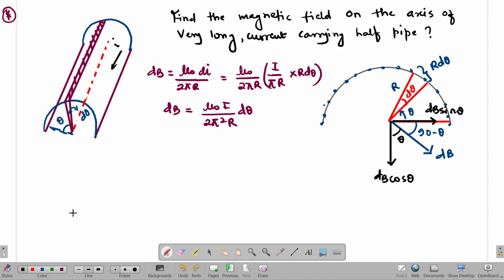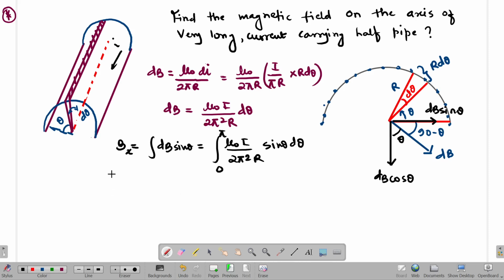So look over here. There are two components, sine theta and cos theta. So net magnetic field along x is integral dB sine theta. So integral dB is mu naught I by 2 pi r square, r sine theta d theta. And this theta varies from 0 to pi, or not.